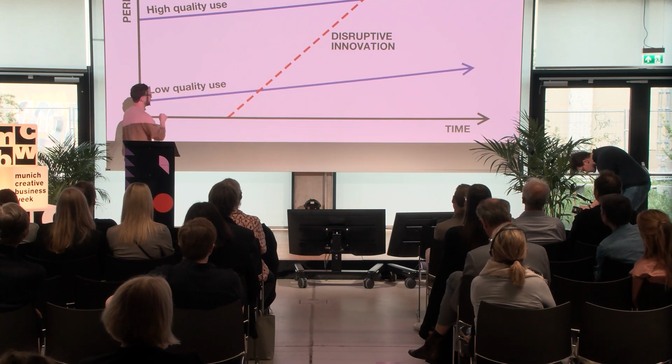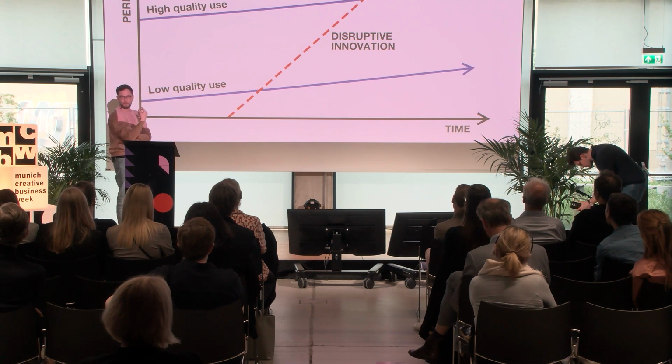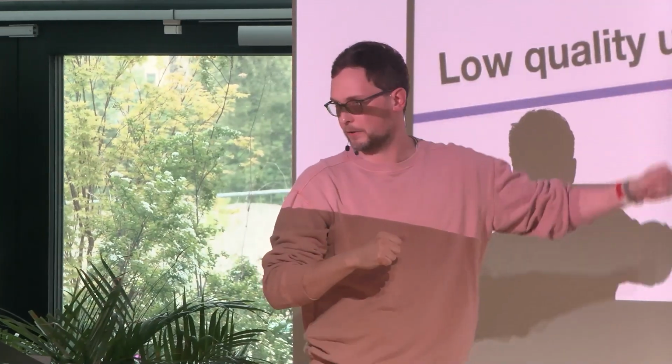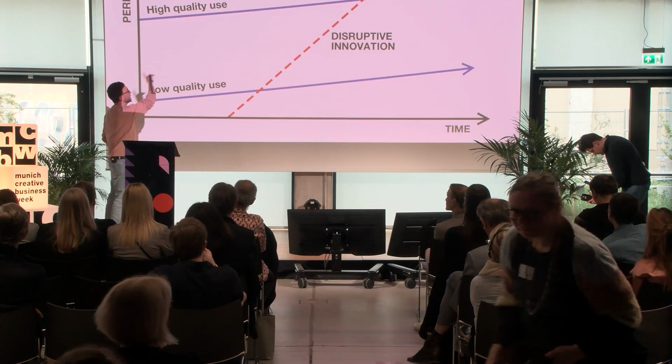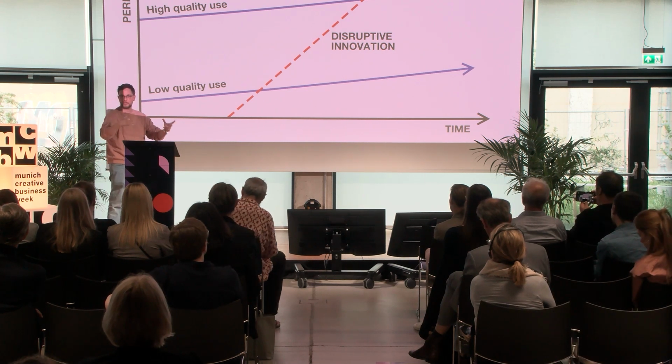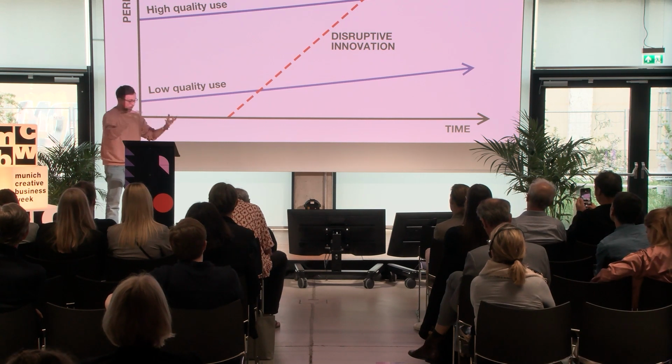So you have a specific quality level that customers would like to have, and over time, products get a little bit better. And at the top, you have very demanding customers. So they are willing to pay a lot, but they need very feature-rich products.